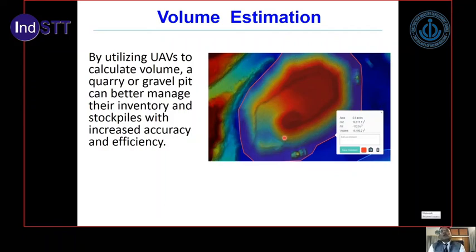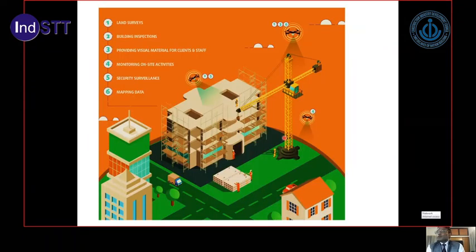This example shows how the drone is useful for the construction industry. There are 6 useful applications given. Number 1 is land survey. Number 2 is building inspection. Number 3 is providing visual material for the clients and the staff. Number 4 is monitoring the on-site activities. Number 5 is security, surveillance and mapping data.